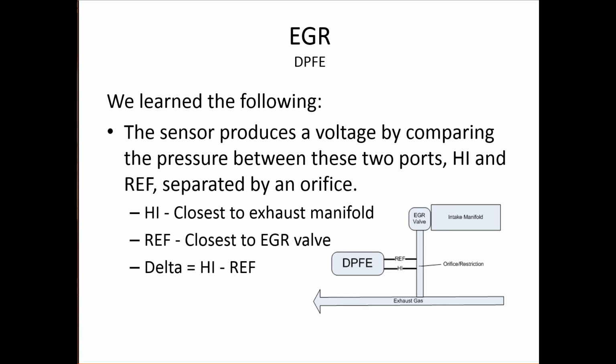So when that valve opens, it's going to allow that exhaust gas up, right? Because the intake in a naturally aspirated engine would not be above atmospheric pressure. So there's a pressure delta, so the exhaust gas is going to want to go and equalize, so it goes up into the intake, and the DPFE is making sure that flow occurs, and that orifice allows that to be detected.